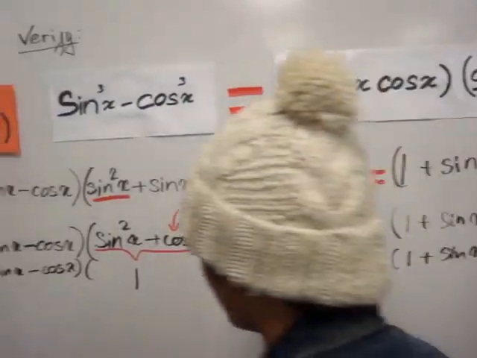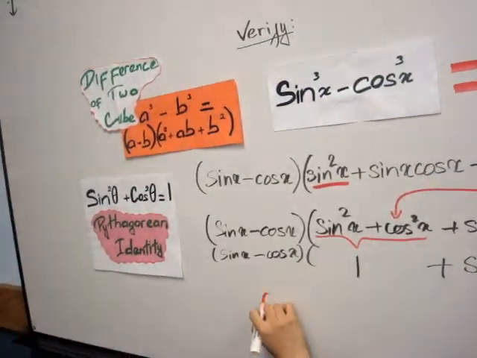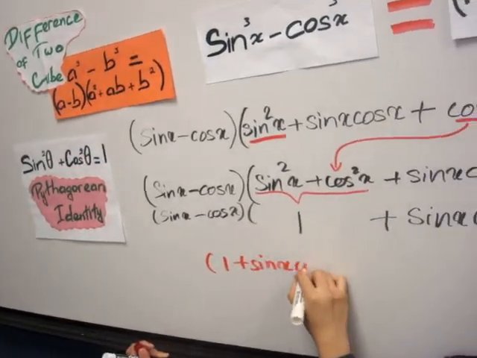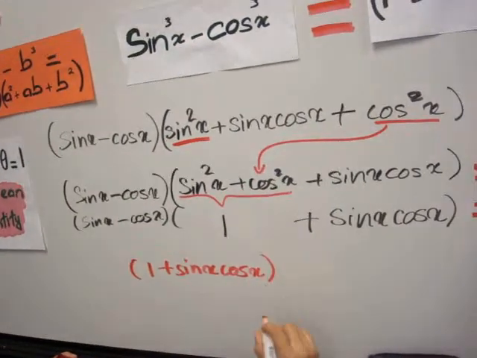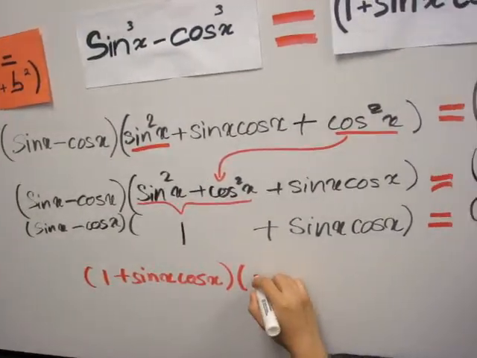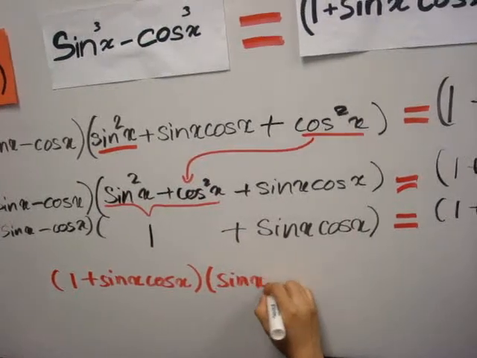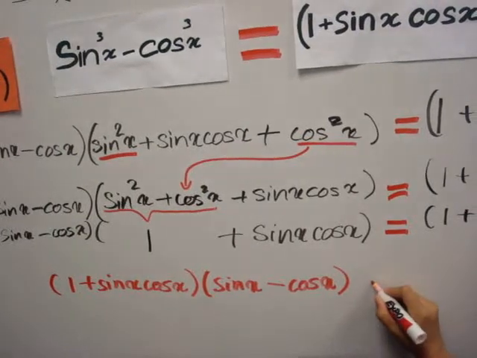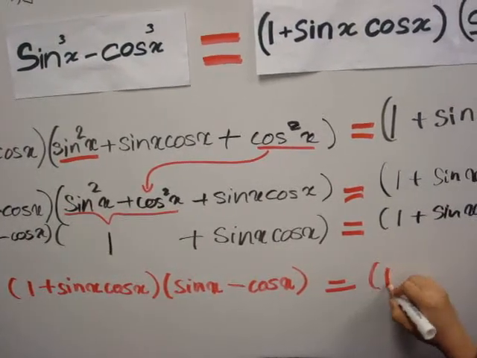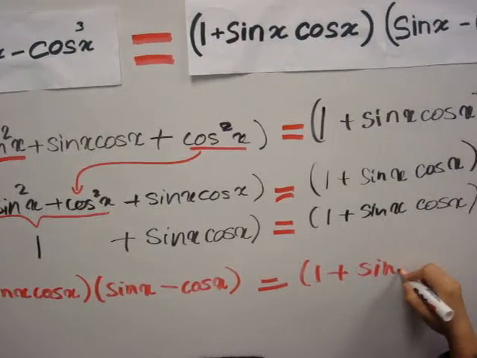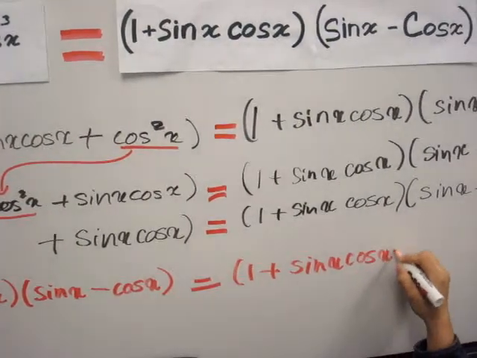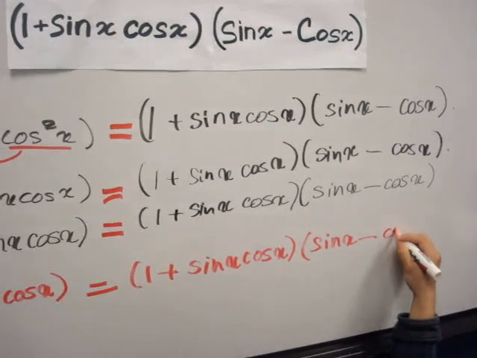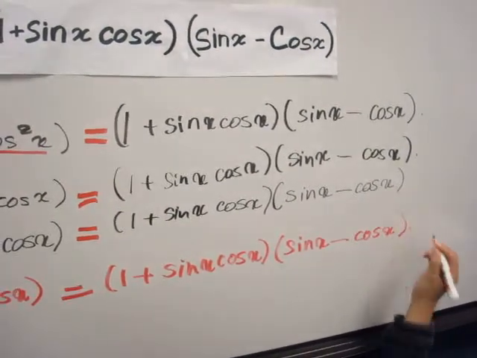Now, 1 plus sine x cosine x times sine x minus cosine x equals 1 plus sine x cosine x times sine x minus cosine x.